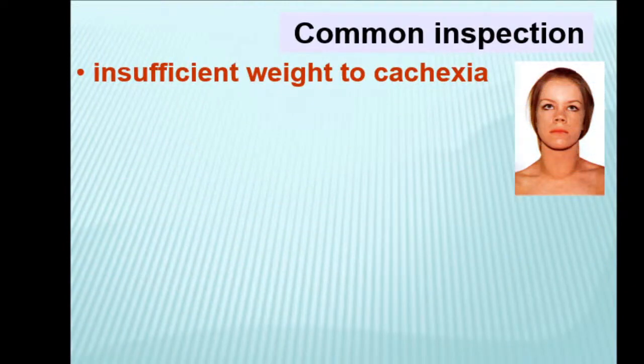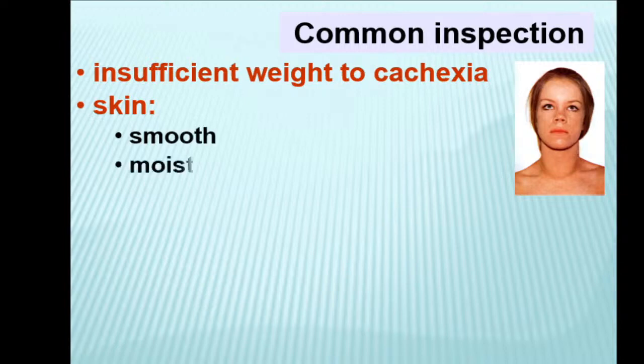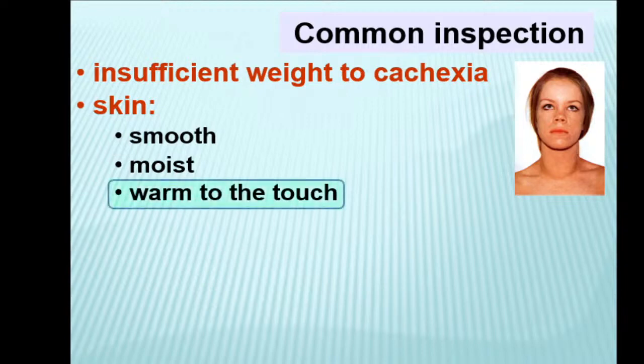Common inspection. First of all, we reveal the patient's predisposition to decreased weight. In grave cases, there may be cachexia. The skin of the patient is smooth and moist. As a result, the patient looks younger than his age due to increased elasticity of the skin. If we touch it, it will be warm.